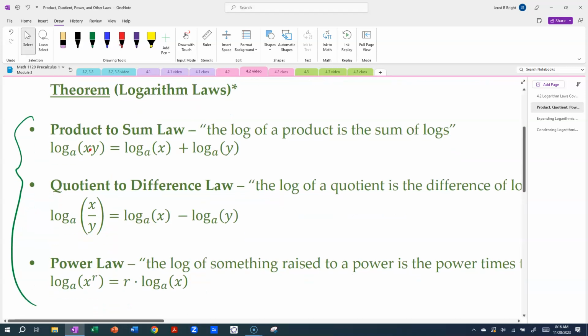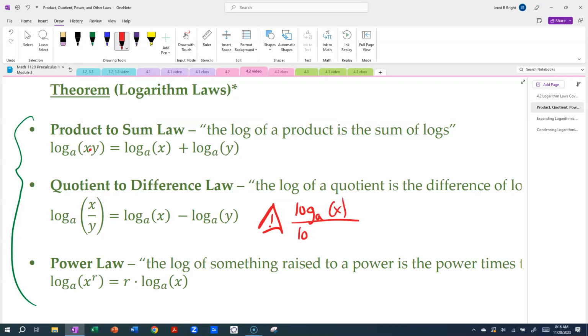Next one, quotient to difference. Again, we have a quotient inside. Quotient means division, and that division becomes subtraction outside. One cautionary tale: students like to think that this is a property. Log base a of x over log base a of y is equal to log base a of x minus log base a of y.